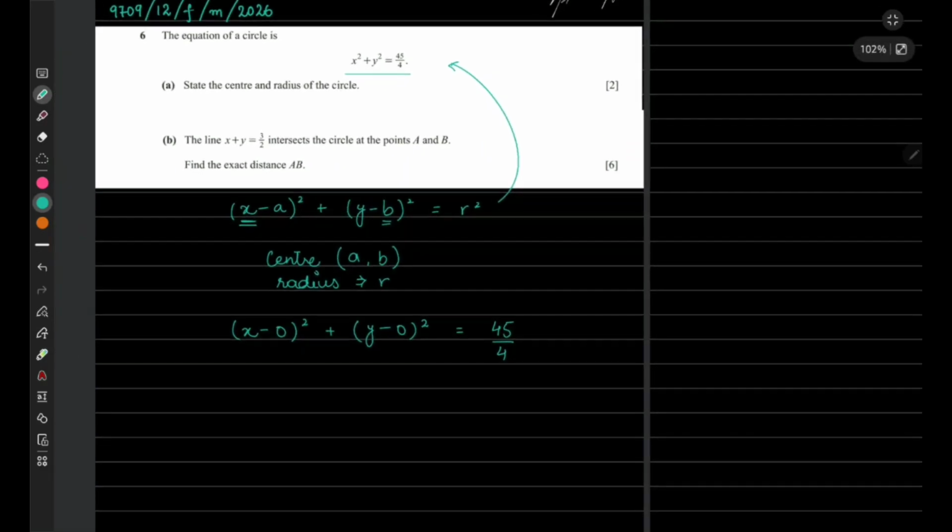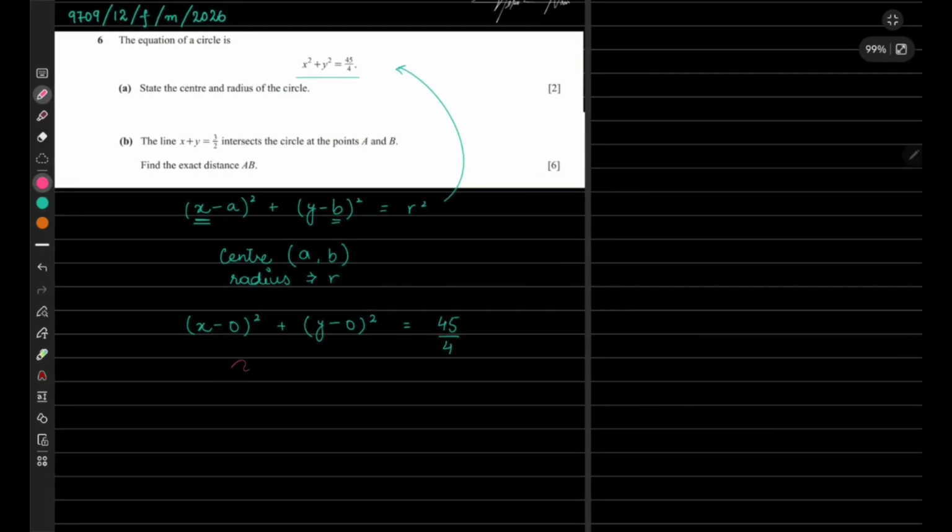So this implies the center is (0, 0) and r is the root of 45 over 4, because this is r squared.